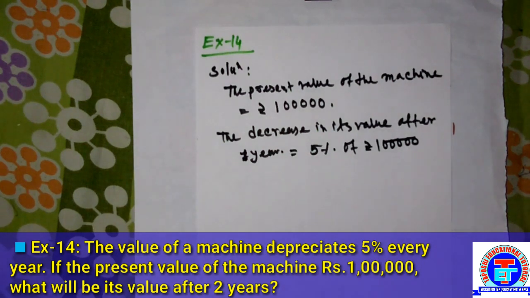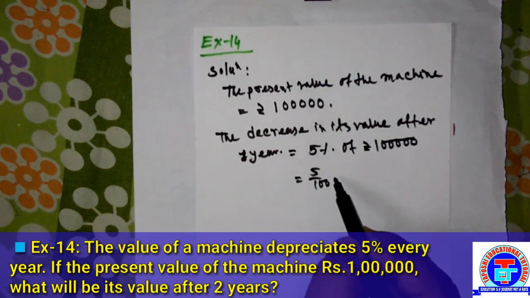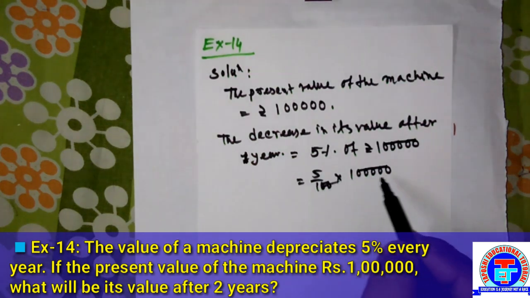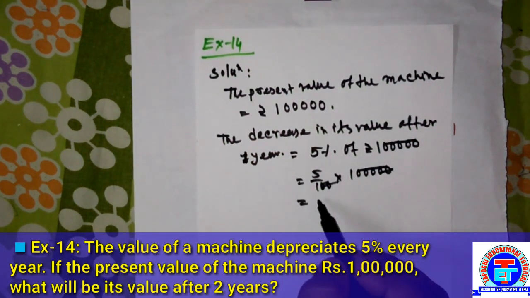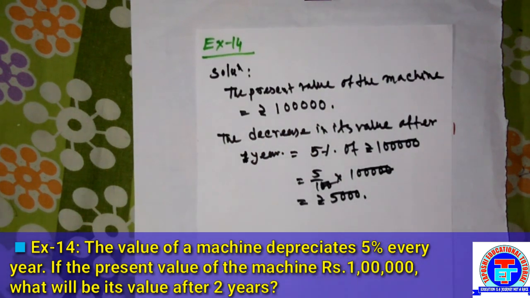Right. That means it will become 5 by 100 into 1 lakh. Right. 0 cancel. It will become rupees 5,000. Right.